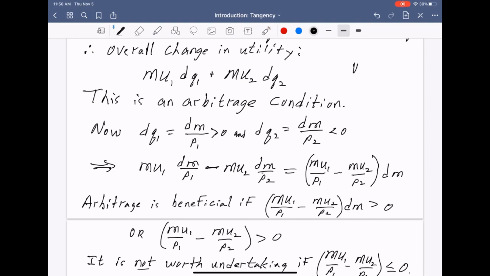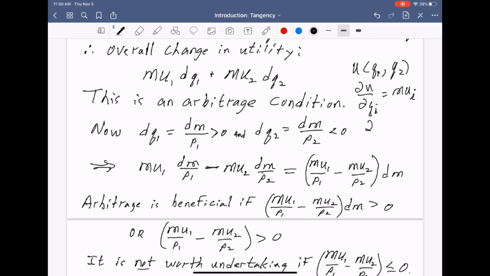So in other words, if we have U(Q1, Q2), then dU/dQ1 is the marginal utility of 1, and it has to be positive. And I just put an i here where i is 1 or 2.